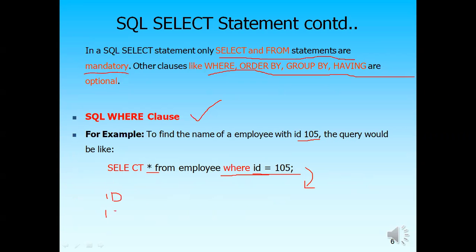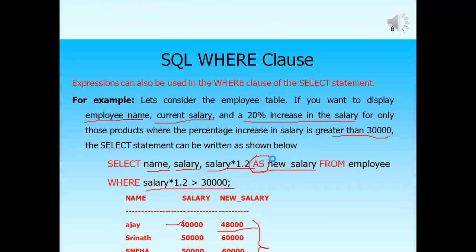So my ID will be 105 in the result. Name will be there, and in the name, my employee name will be, for example, Vijay, and so on. So this query will retrieve only the information about employee ID 105. I hope you are clear with this.